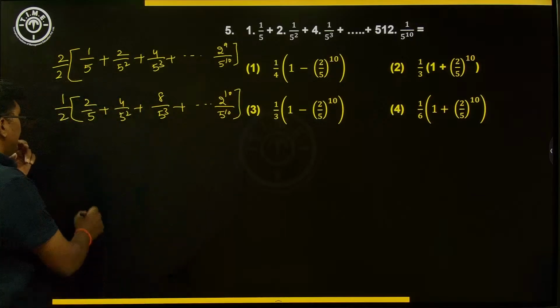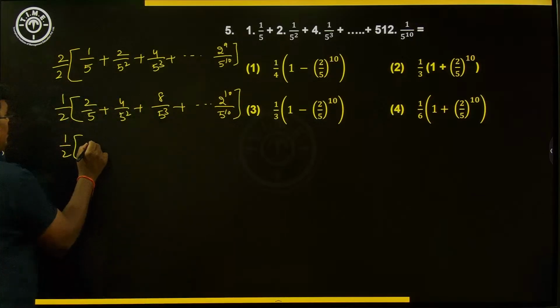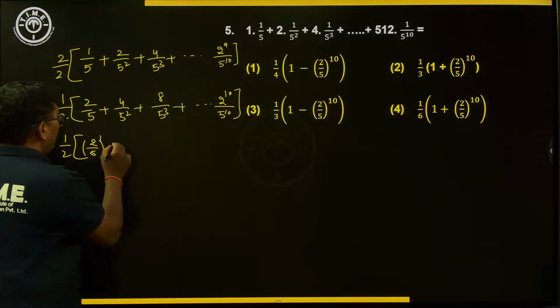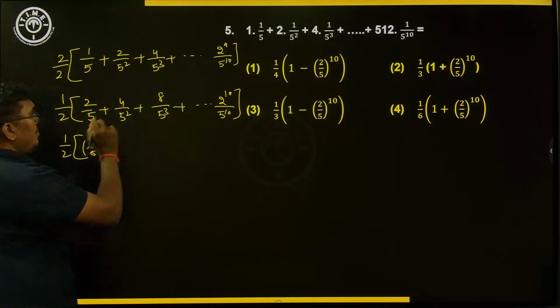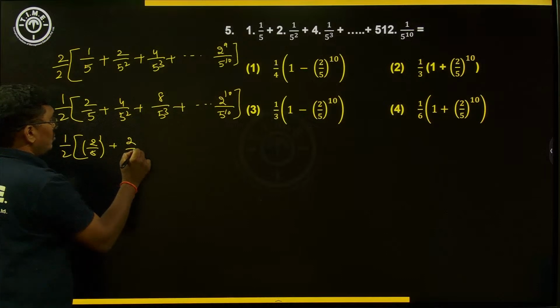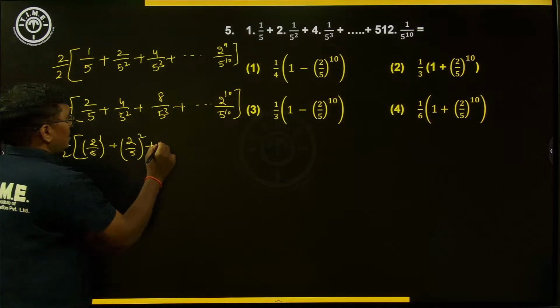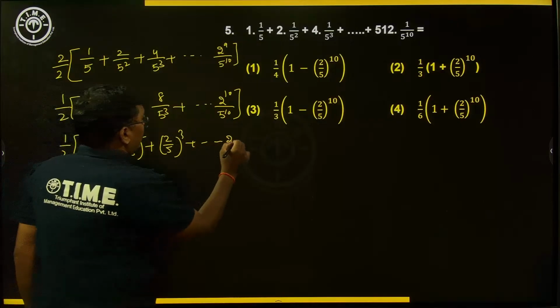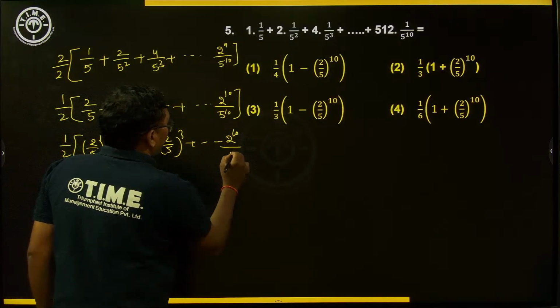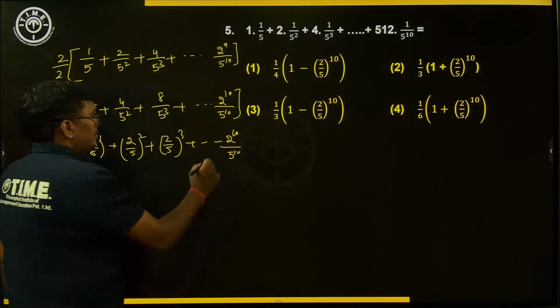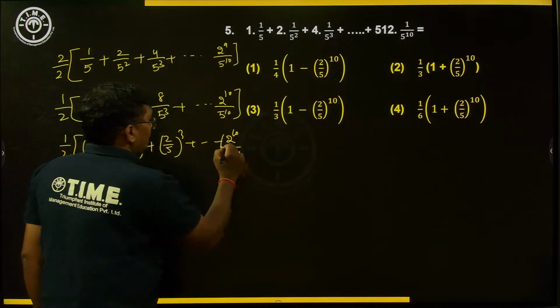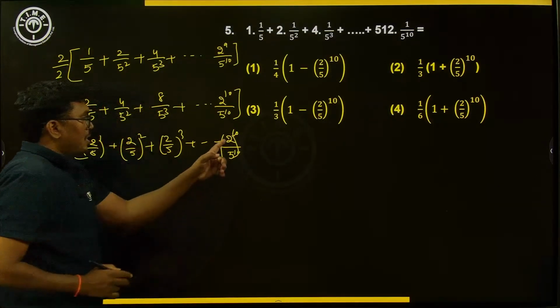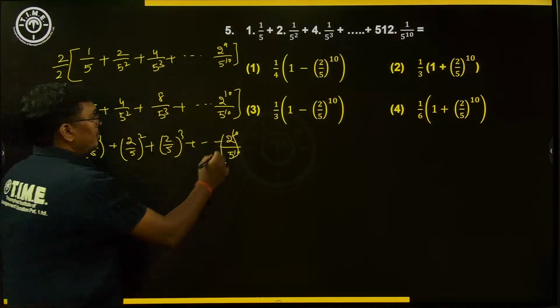So this is in the form of 1 by 2, 2 by 5 whole power 1, and 4 is 2 square, that means 2 by 5 whole square, 2 by 5 whole cube, and so on, up to 2 by 5 whole power 10, right?